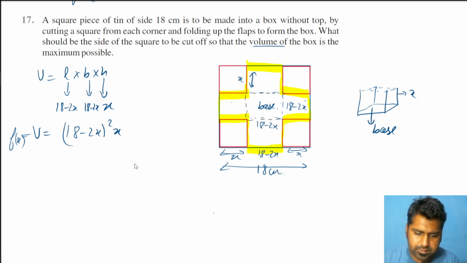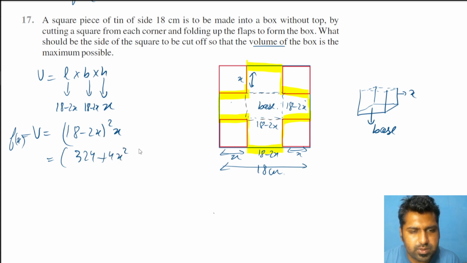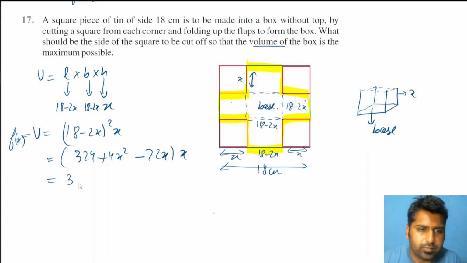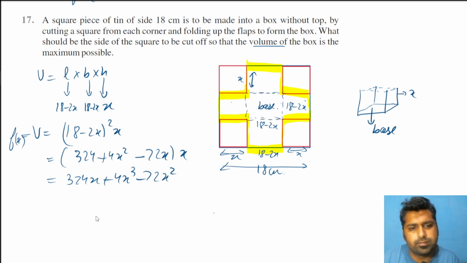Anyway, let's open it this time, to be on the safe side. So this is 324 plus 4x square minus 2 into 18 into 2, that is 72x, into x. So this becomes 324x plus 4x cube minus 72x square.